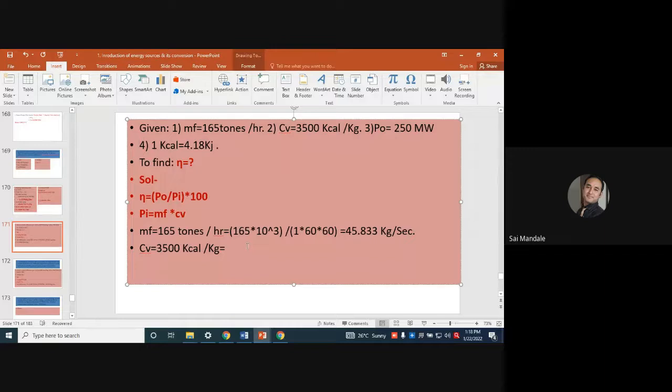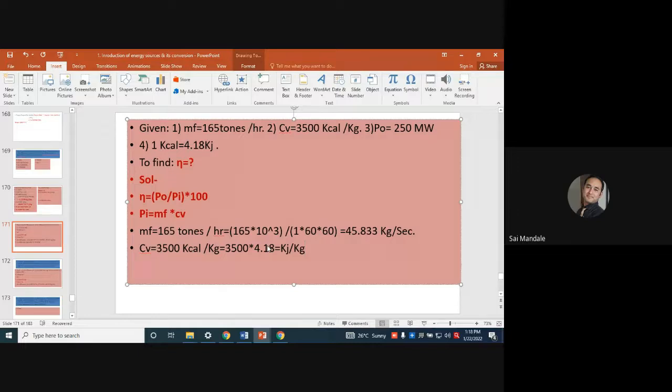So 3500 into, I want to convert kilocalorie into kilojoules, so into how much? 4.18. Perfectly correct. Whatever answer comes is in kilojoule per kg.